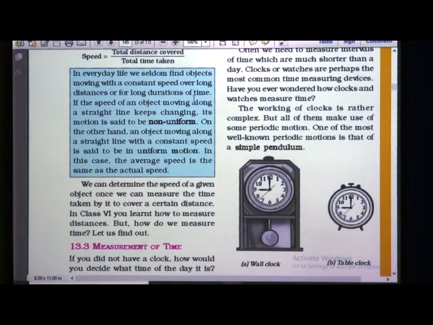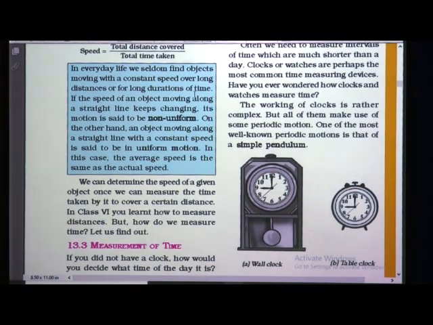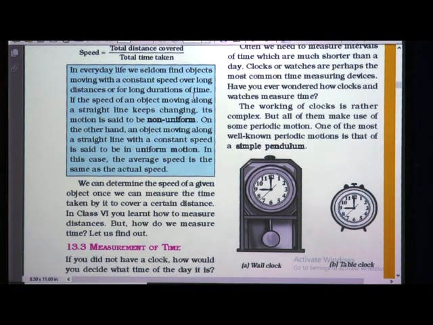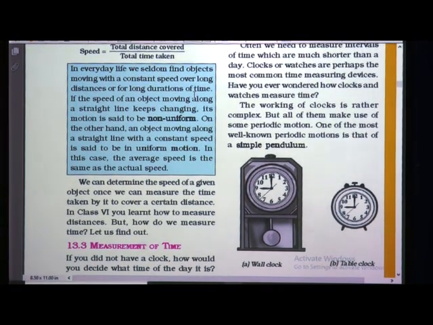One more time I am going to read this. In everyday life we seldom find objects moving with a constant speed over long distances. It means we find some vehicles moving with a constant speed over long distances.